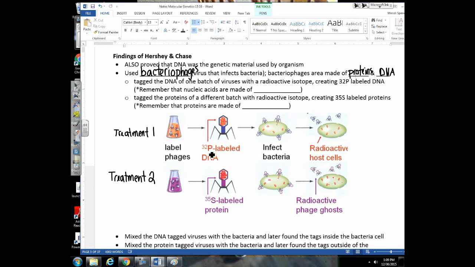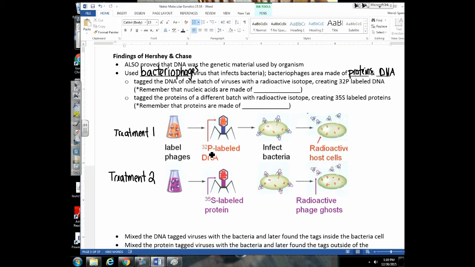To summarize what they were trying to do, they wanted to tag the proteins and watch where the proteins go whenever these viruses are mixed with these bacteria cells. And then in another treatment, they wanted to tag the DNA and watch where the DNA goes whenever these bacteriophages are mixed with the bacteria cells. So they wanted to basically see what molecule the viruses were using to infect these bacteria cells.